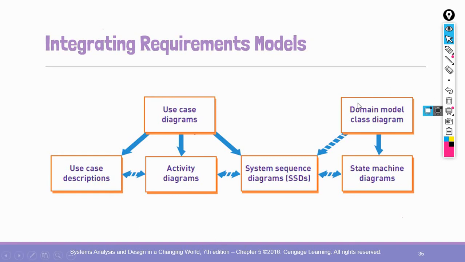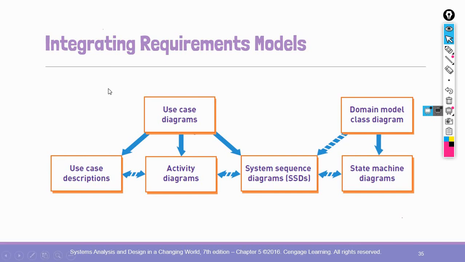The domain model class diagram and its dependent diagrams capture information about the classes for the new system. The solid arrows represent major dependencies, and the dash arrows show minor dependencies. The dependencies generally flow from top to bottom, but some arrows have two heads to illustrate the influence goes in both directions.